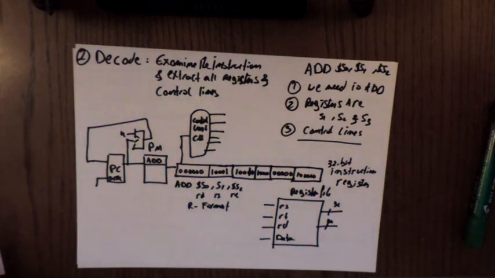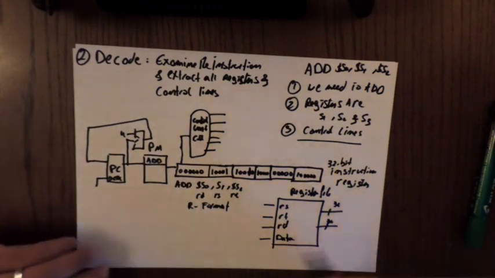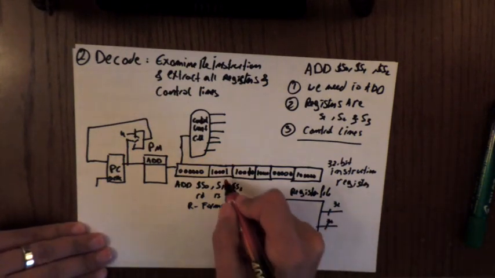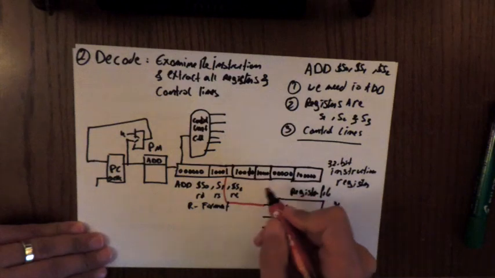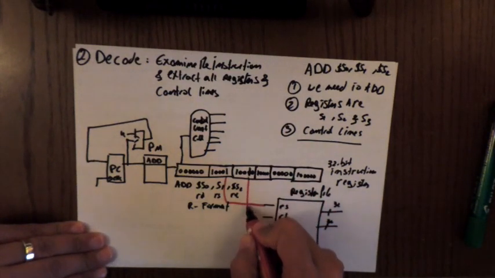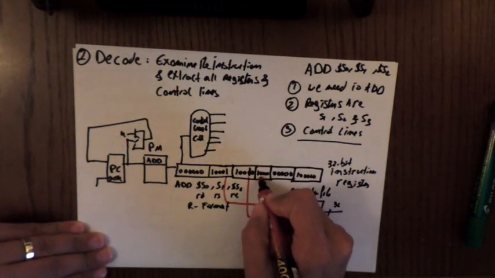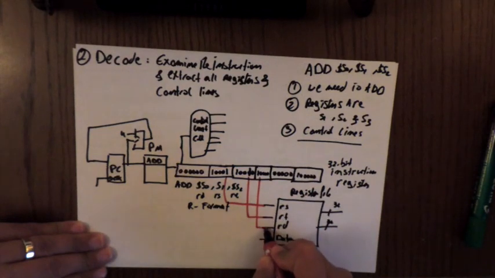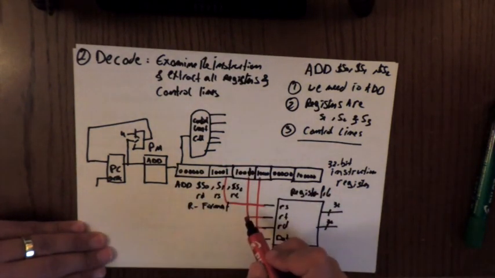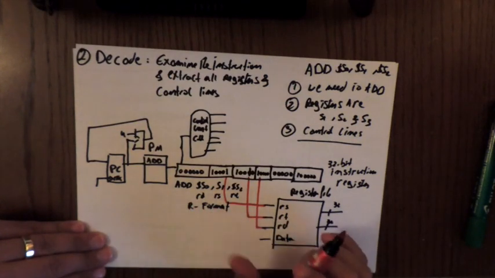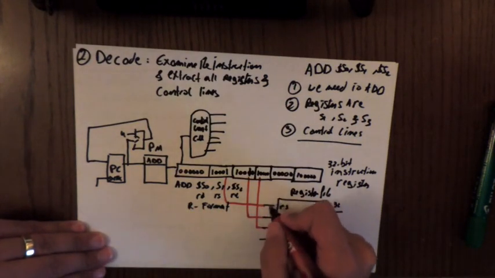So here I need to wire those together. I know that this is RS and this is RT and this is RD.